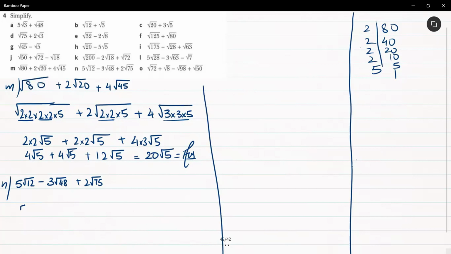So 5 under root 3 multiplied by 2 multiplied by 2, minus 3 under root, what is 48 equal to? 2 2s are 4, 2 4s are 8, 2 8s are 16, 2 16s are 32... 2 2s are 4, 2 6s are 12, 2 3s are 6, 3 1s are 3.